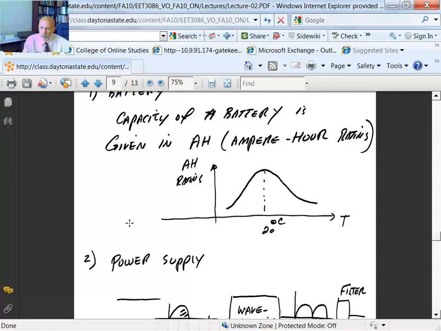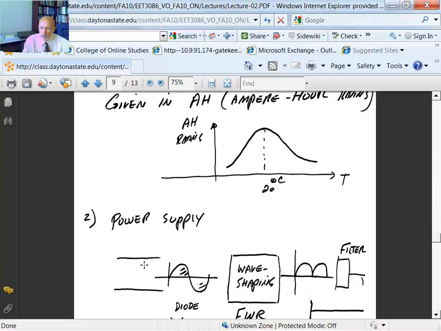The other source of a DC source is a power supply. And again, power supplies are used every day with pretty much every computer and electronic device. If you look at the outlet on a scope, there's a pure sine wave coming out of the wall, but the DC is really the average value of that signal.